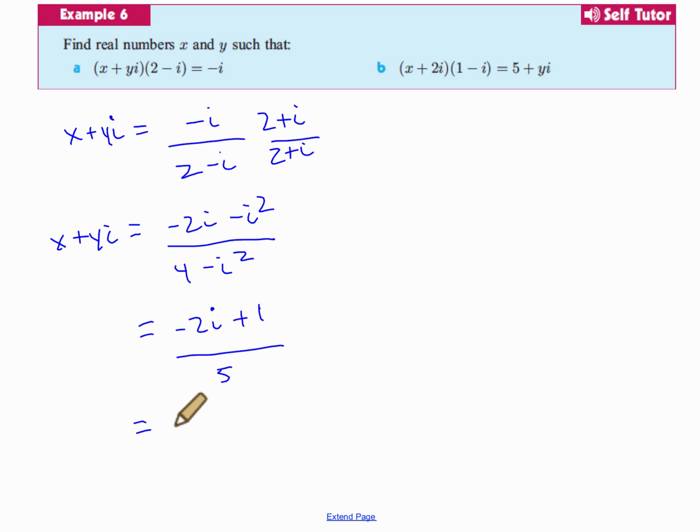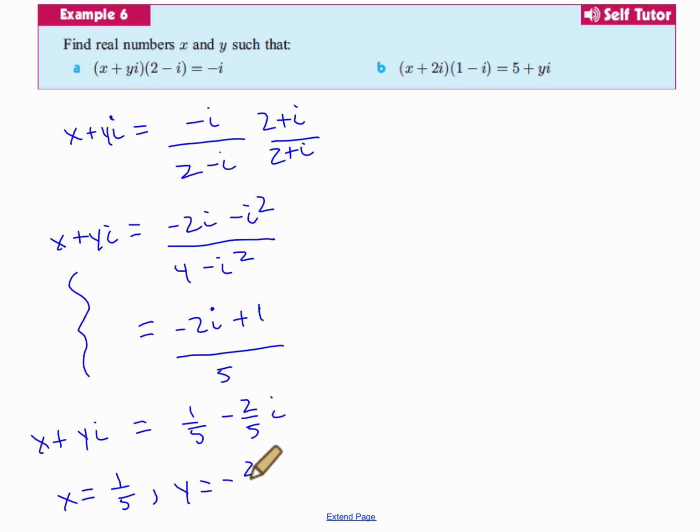So this is going to be 1/5 minus 2/5 i. And of course, we have x plus yi equal to that if we carry that down. And equating the real part, we get x equals 1/5. And the imaginary part, we get y equals negative 2/5. That is a thing of beauty.